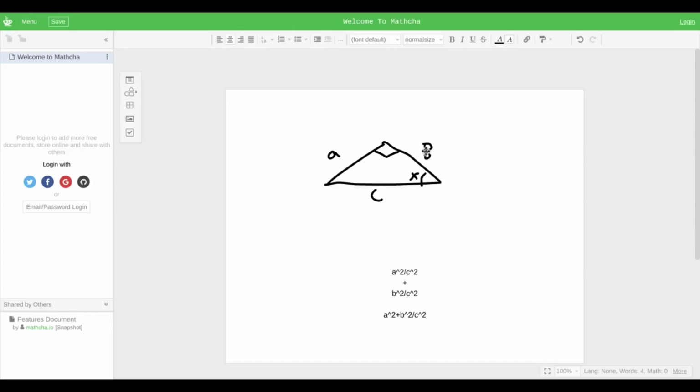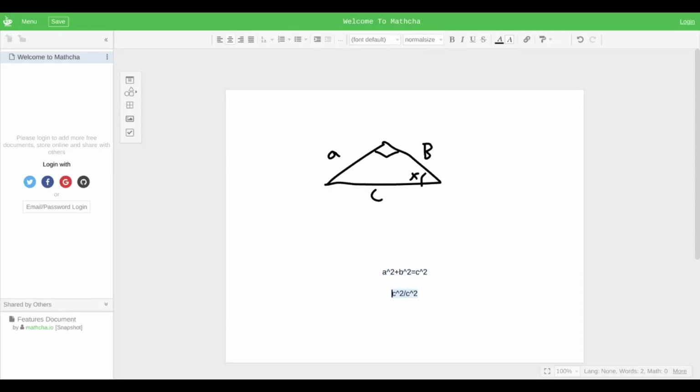But the Pythagorean theorem states that A squared plus B squared equals C squared. So if we substitute C squared into the A squared plus B squared spot, then we get C squared over C squared.